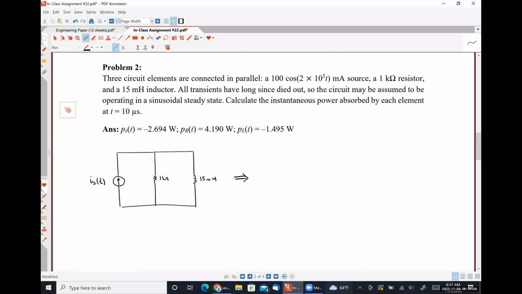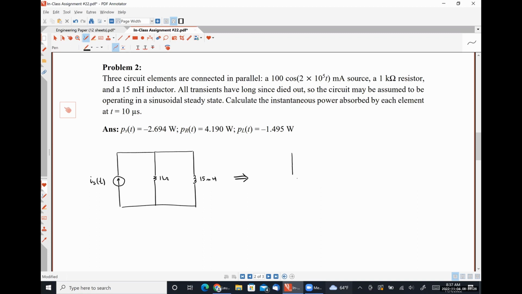Even though we are asked to calculate the instantaneous power, which is a time domain quantity, we are going to do all of our required circuit analysis in the frequency domain because we don't want to do 45 minutes of trig. Okay, so I'm going to convert my circuit into the frequency domain.